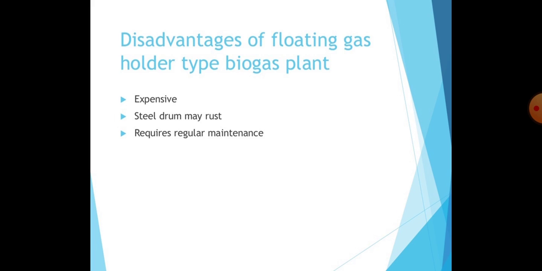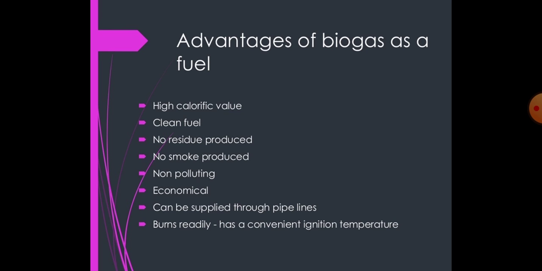So to protect it from rusting, after a certain period, maybe 1 year, this drum needs to be painted to remove the rust, or it has to be maintained. So regular maintenance is required in this steel type biogas plant. These are the main disadvantages of this floating gas holder type biogas plant.